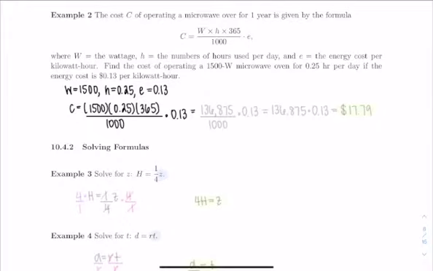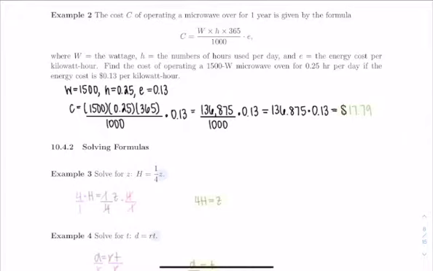And so when I multiply 1500 times 0.25 times 365, I get 136,875. And we're going to divide that by 1000. Well, when I divide it by 1000, I get 136.875 times 0.13.